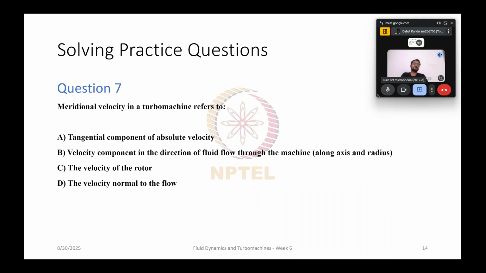It could be along axis or radius, or a combination of the two, depending on whether it's an axial flow device or a radial flow device or a mixed flow device. Option C says it's the velocity of the rotor, and option D, the velocity normal to the flow.